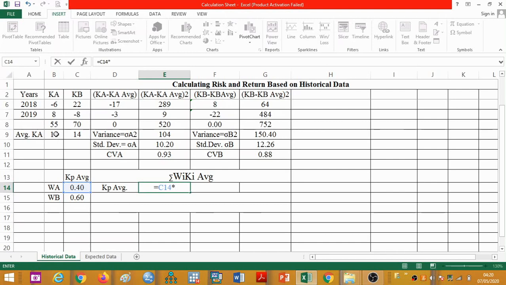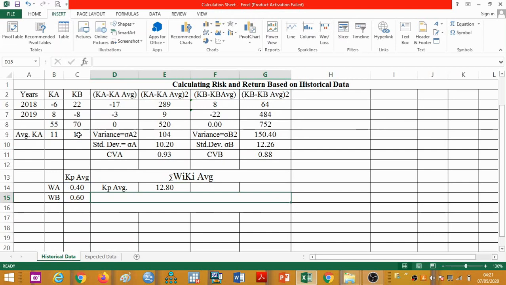We have calculated it already, and plus the weightage of B security multiplied by its average rate of return, that is 14%. So that is 12.8%, the average rate of return of the portfolio.